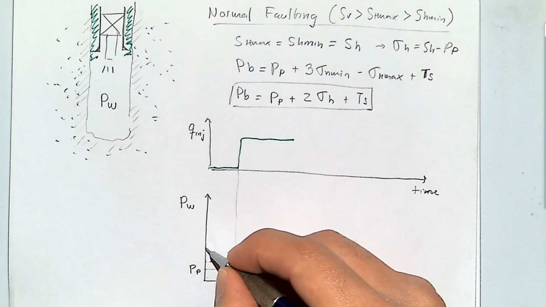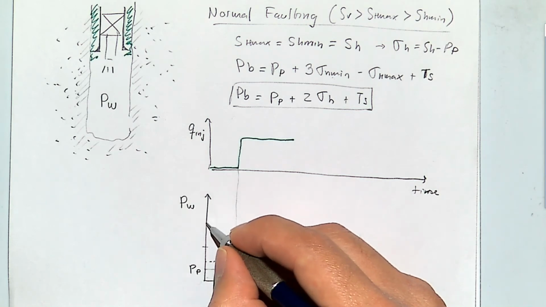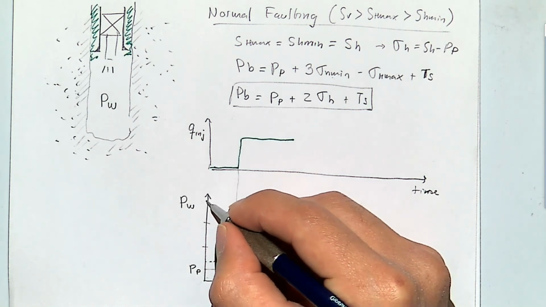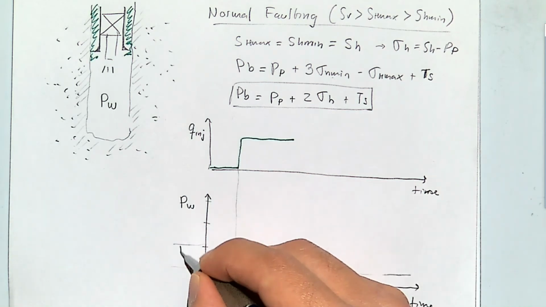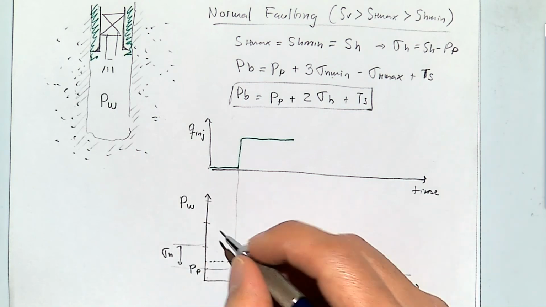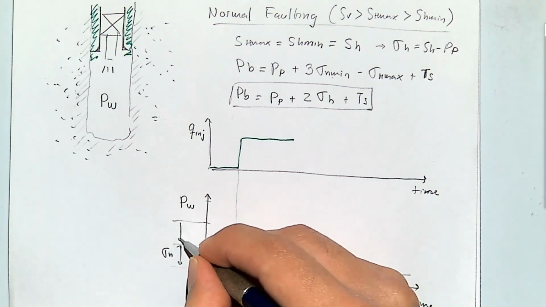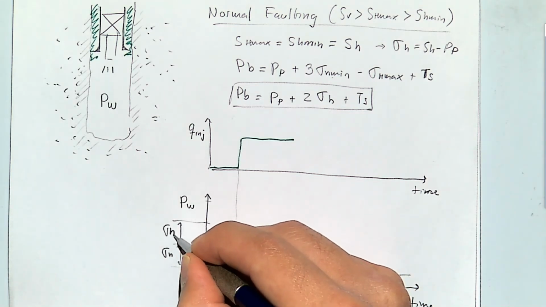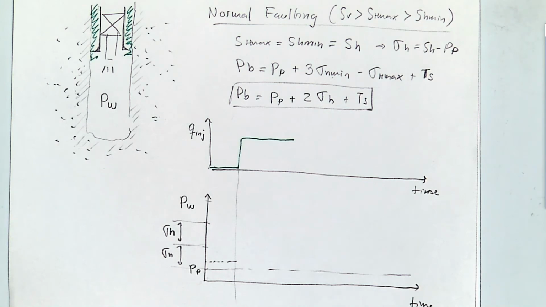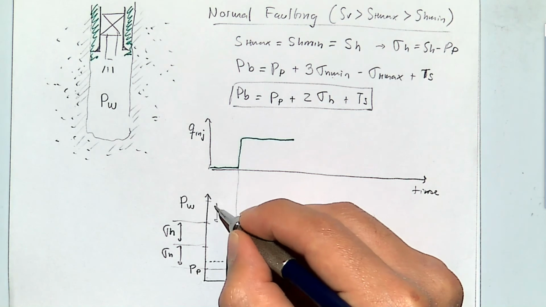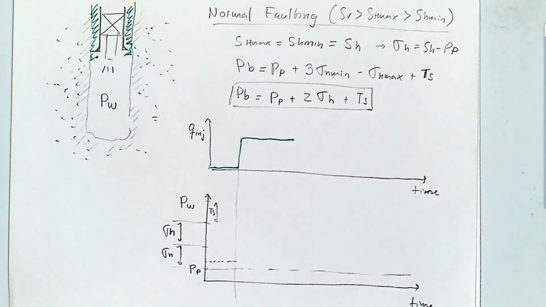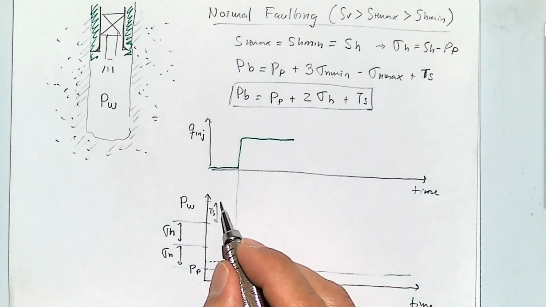Let's say that this is 1 sigma h, another sigma h, so now I'm at 2 sigma h, and from here to here, it's the tensile strength of the rock in PSI.